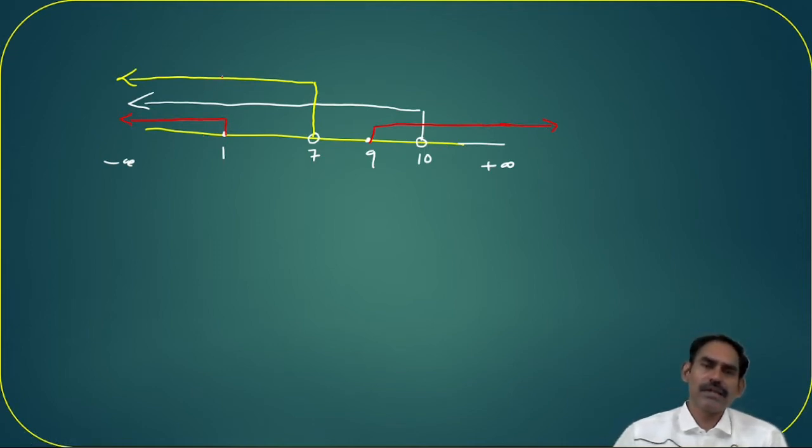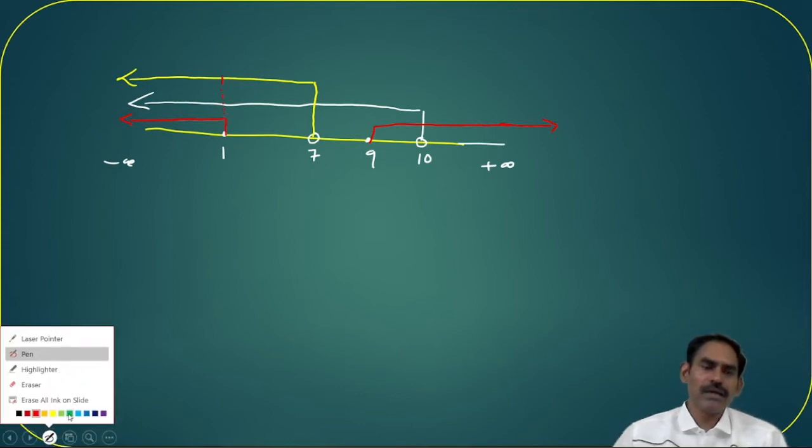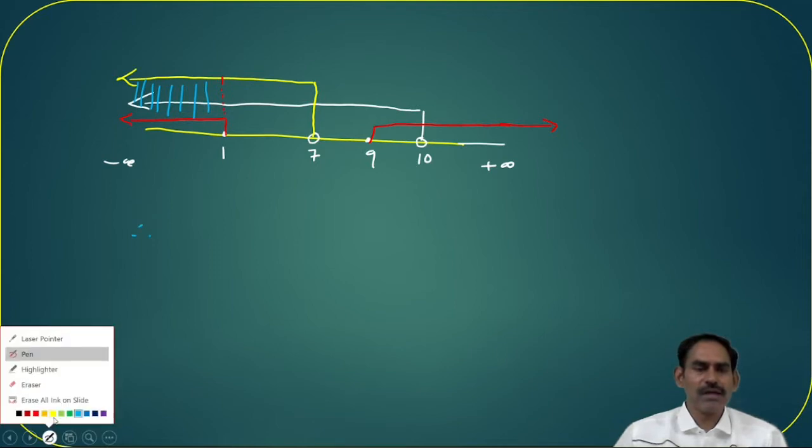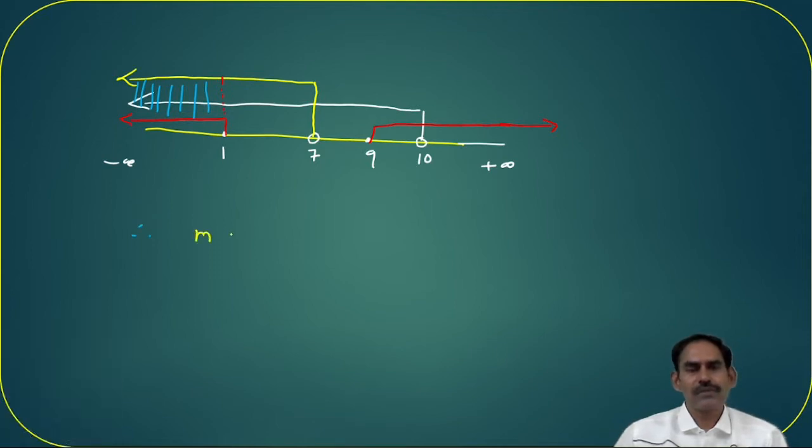The 3 lines are there in this part, so that will be the intersection part. This part is the required part. Therefore, the answer is m belongs to minus infinity to 1, where 1 is included. That's why you should take a closed interval. This is the required values of m.